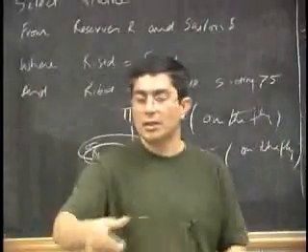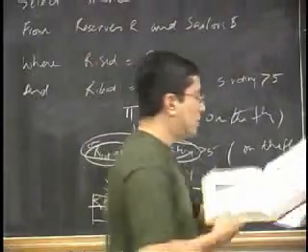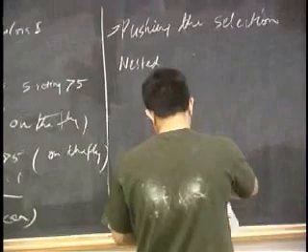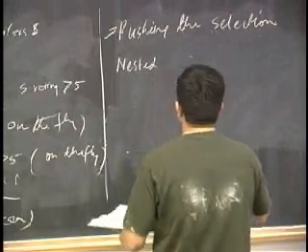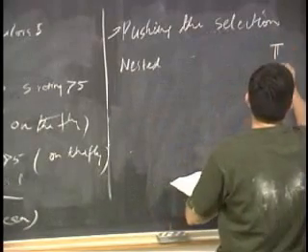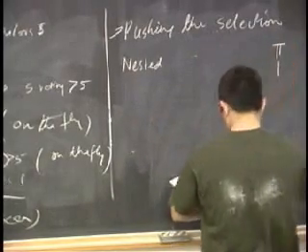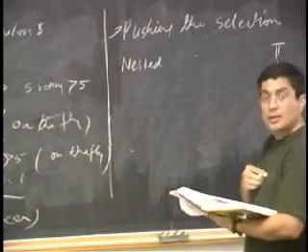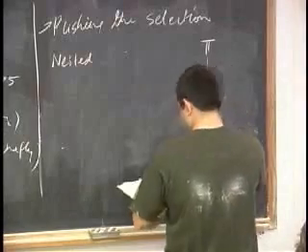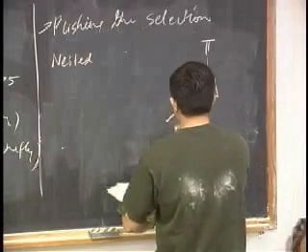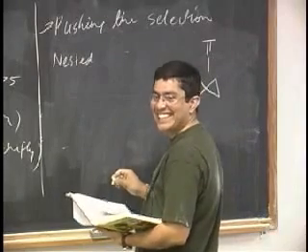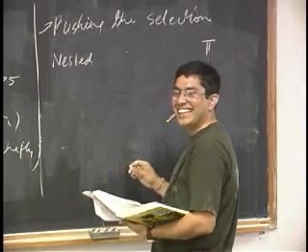I'll just draw the query again and make it simpler. So we have the selection.